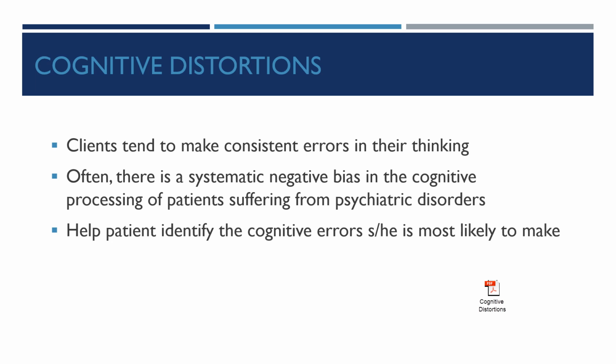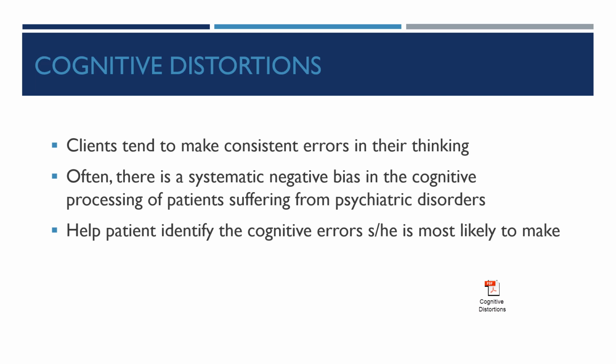Just having the knowledge of these cognitive distortions helps your clients to become more aware of the patterns of thinking that they engage in frequently. The list of cognitive distortions was developed by Beck. Dr. Beck found that there are some typical distorted thinking patterns found across a lot of people with psychiatric conditions, and he tried to define what those are and provide some examples.